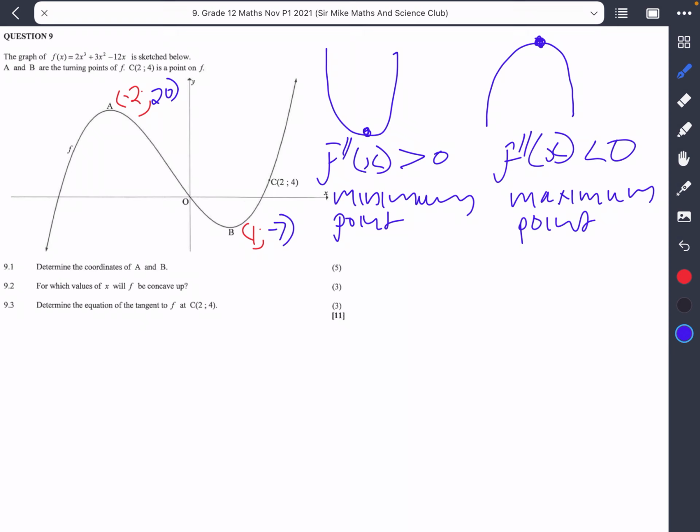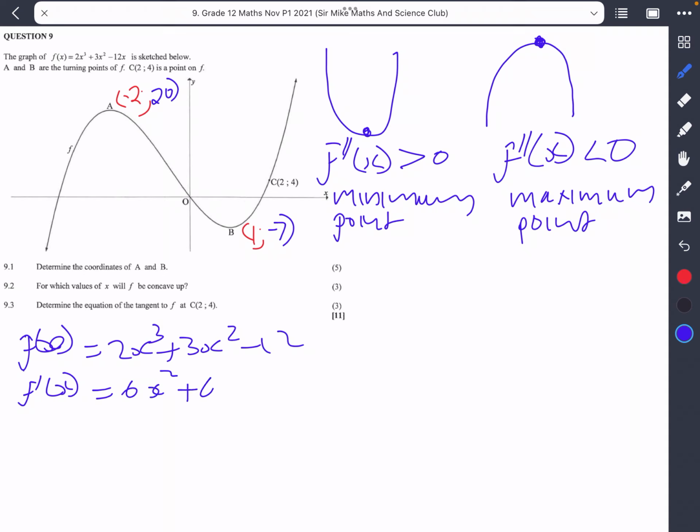We have f of x equals 2x cubed plus 3x squared minus 12x. I'm just going to find the first derivative first. That gives 6x squared plus 6x minus 12.